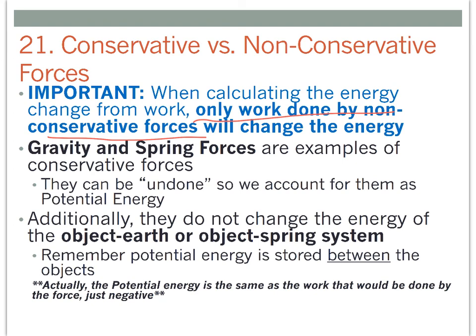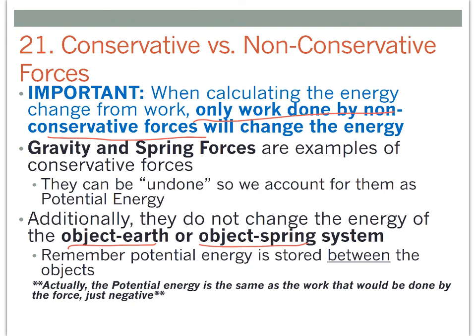If they take energy away from an object, they will give it back. So instead, we consider the potential energy that is stored by the Earth-object system or the object-spring system. That energy is simply stored between the two, and it can be used at a later time.